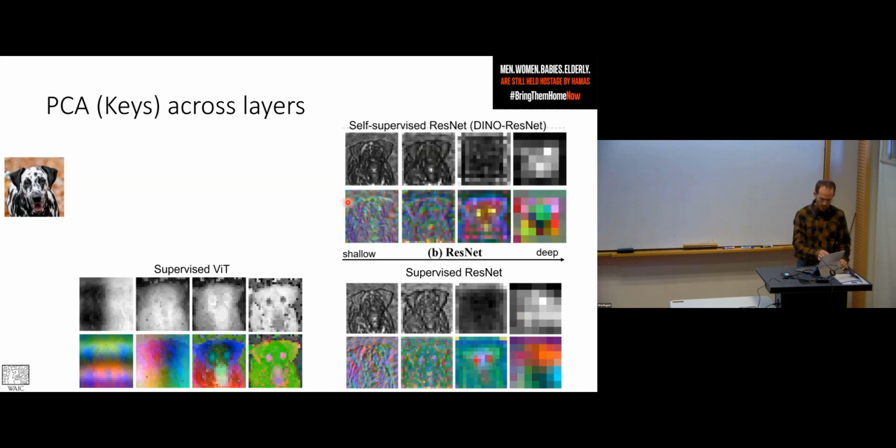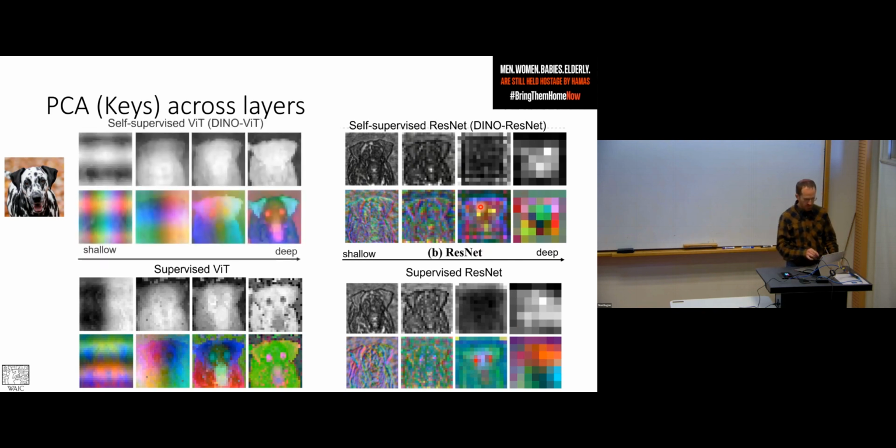With DINO features, we see this degradation of resolution, but we see that the features correspond to parts in the image, although the resolution is very low. And if we look at the transformer where we don't lose resolution, we can actually see how it tunes to object parts. So it doesn't know semantics. It doesn't know this is a dog, but it knows that these are ears, eyes, and mouth.